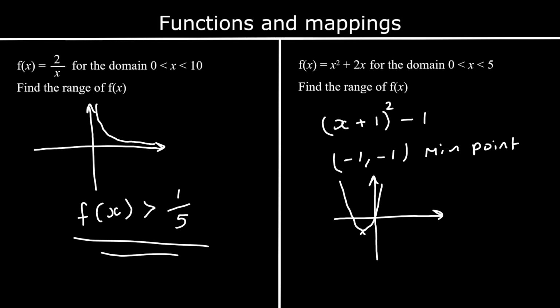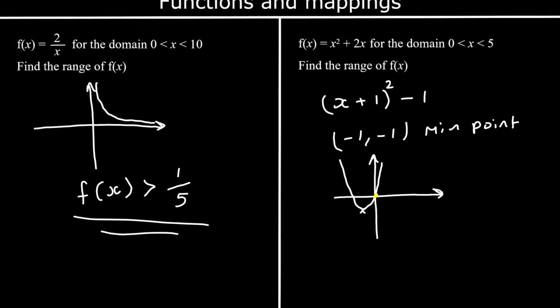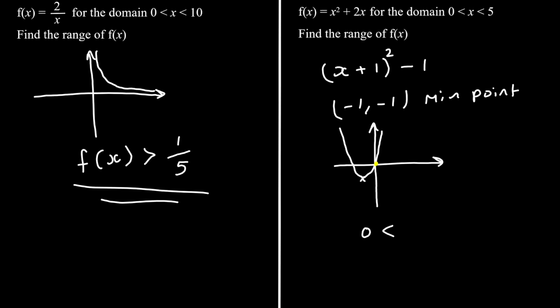In the domain for 0 to 5, the lowest it's going to be is when x is 0, and the biggest it will be is when x is 5. So it's 0, so it's going to be bigger than 0, but less than when x equals 5.